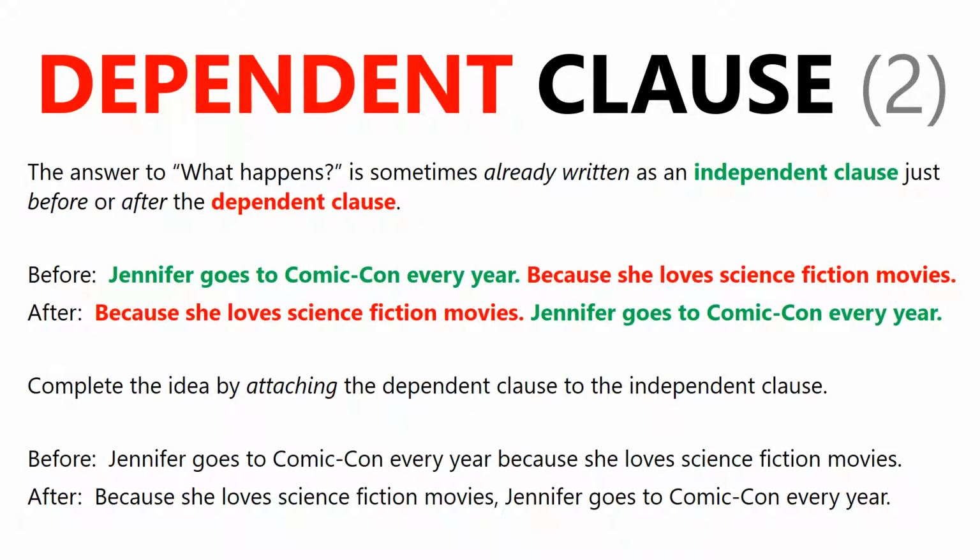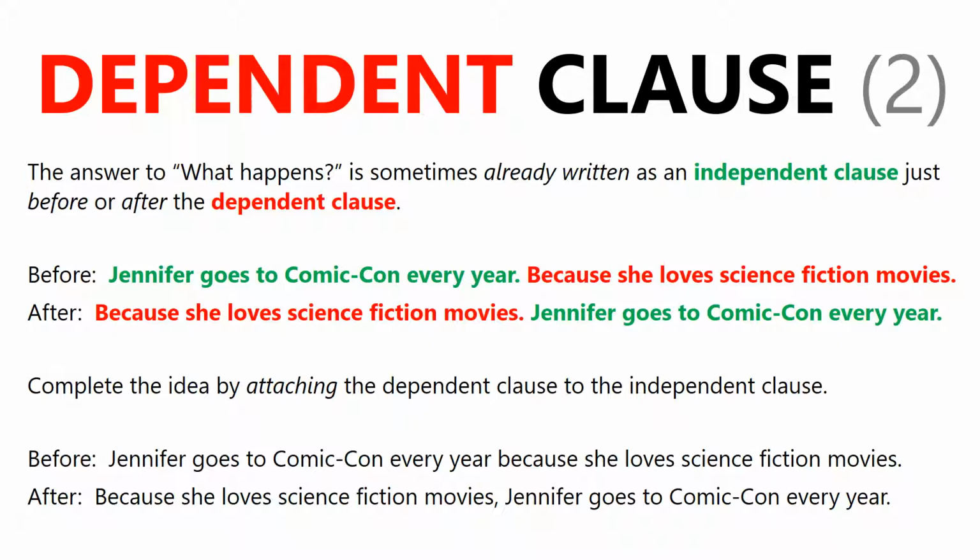The answer to what happens is sometimes already written as an independent clause just before or after the dependent clause. Here's an example. Jennifer goes to Comic-Con every year, period, because she loves science fiction movies, period. So here we have the independent clause preceding the dependent clause. But that period between the two leaves the dependent clause hanging as a sentence fragment.